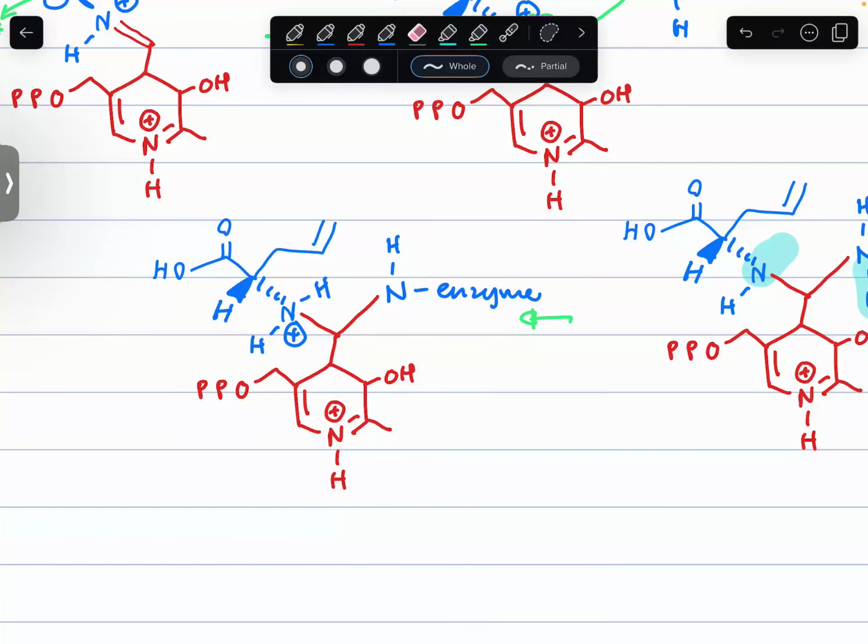Now our enzyme nitrogen has a lone pair again, which means that it can form the imine and release the amino acid.